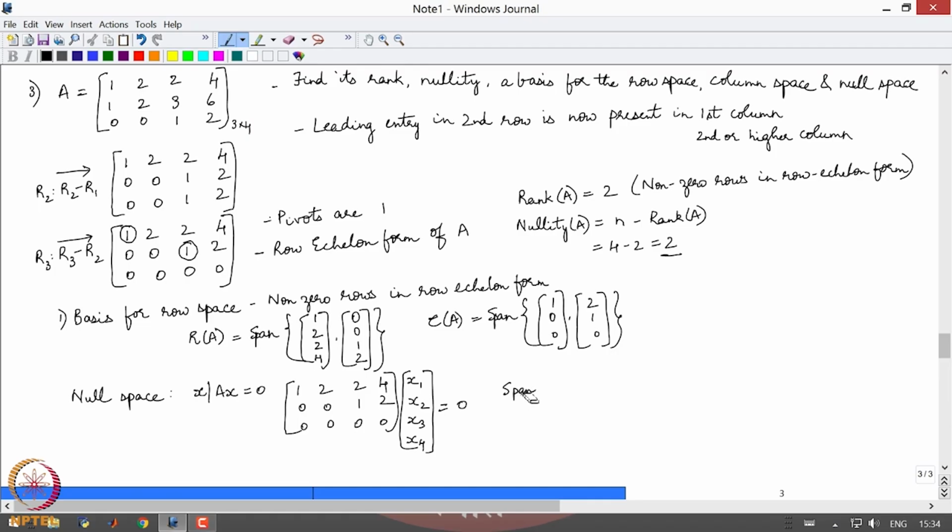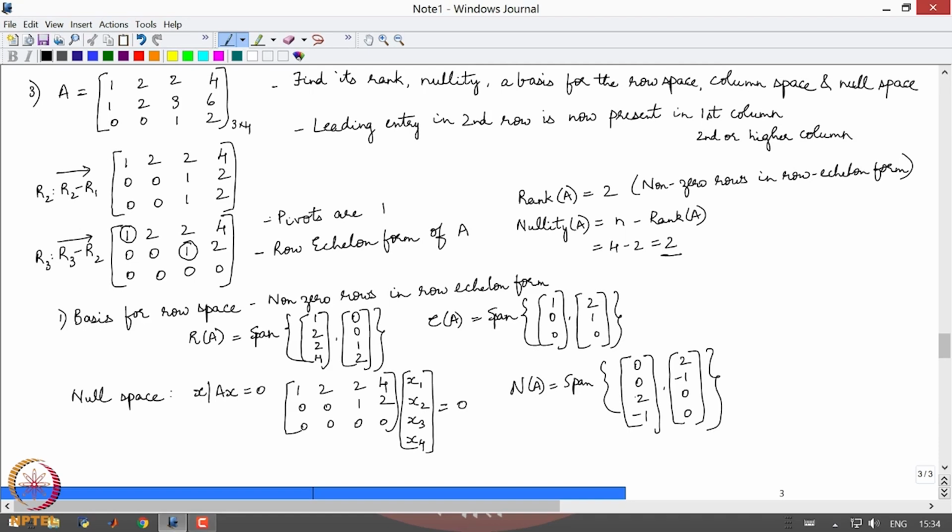I can always find two linearly independent vectors which satisfy this equation, and so I will write down that the null space of A is spanned by the vectors 0 0 2 minus 1 and 2 minus 1 0 0.